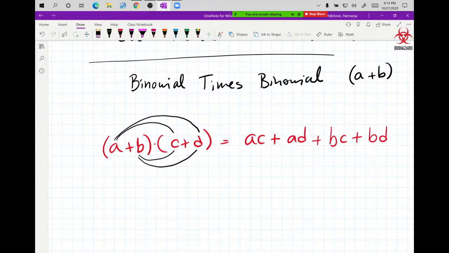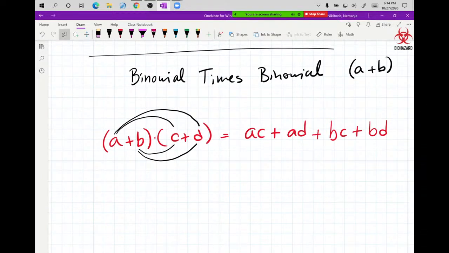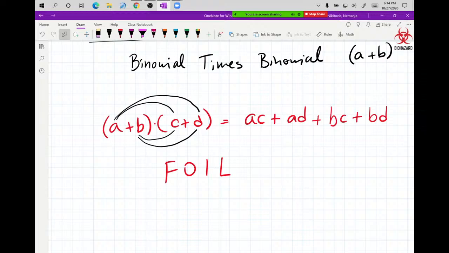Now, memorizing the formula, the way it's written, it's really not that great. Another thing that students usually use to get through this easier is the acronym FOIL. So, as you know, I'm never in favor of these, but then again, they're visual help to some, so please use it if it makes sense.